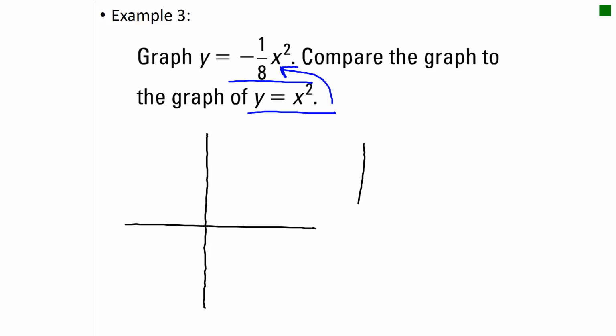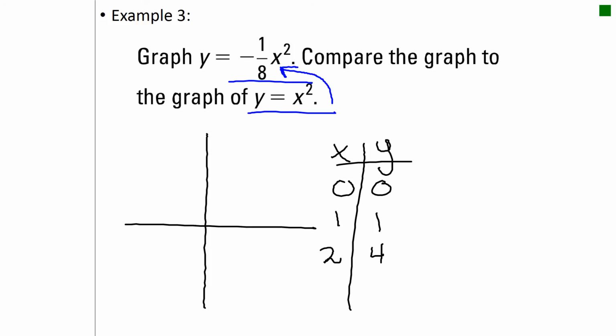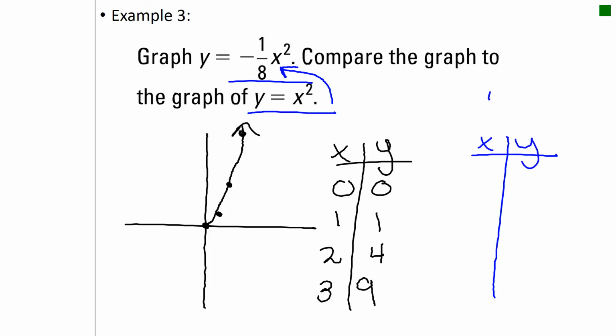Our first one, x squared, I'm just going to remember what we put down from the last one because it was the same one: 0, 0, 1, 1, 2, 4, 3, 9. This is the same example as our last one. Okay, there's our half of our shape.